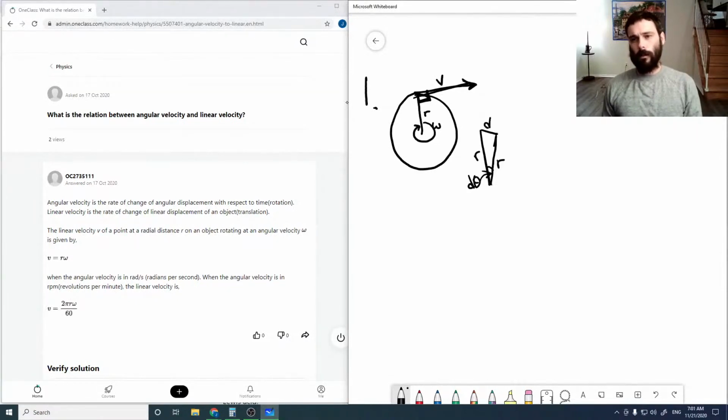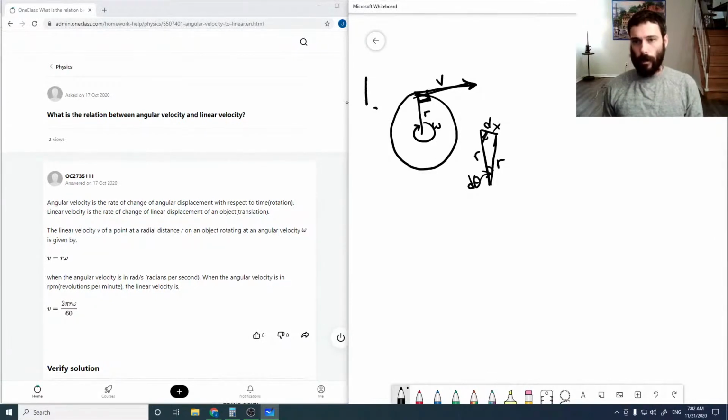And so this is our dx up here, and we can rationalize what that's going to be based on sine laws.